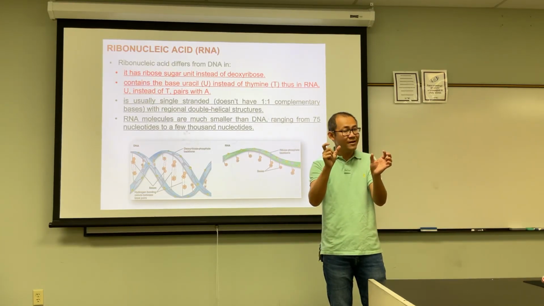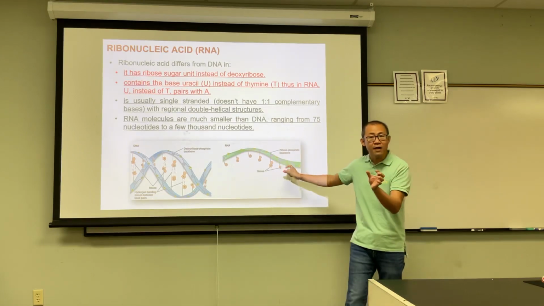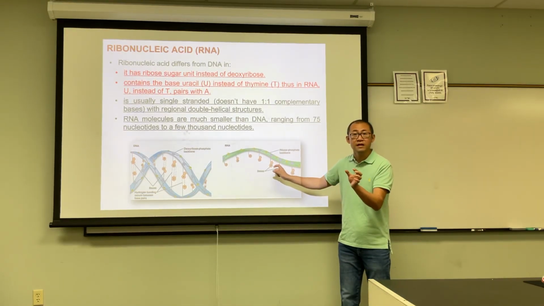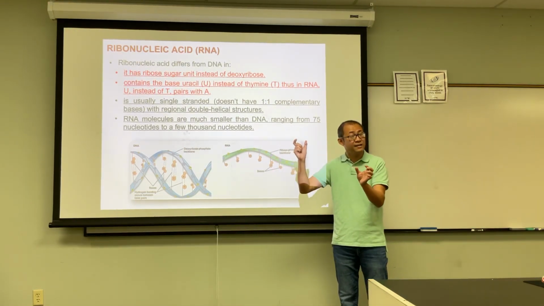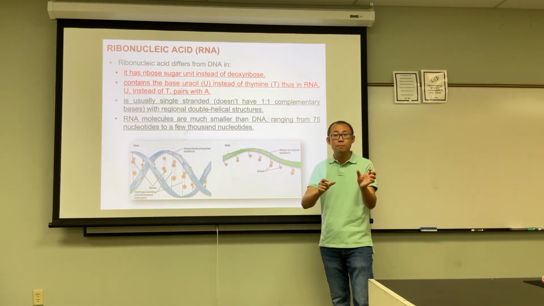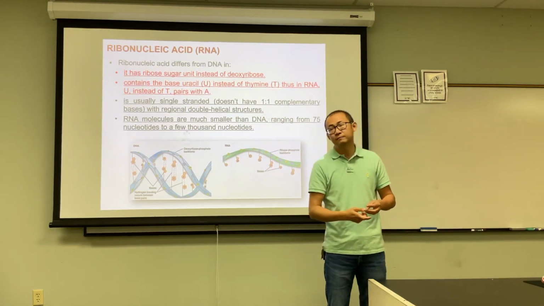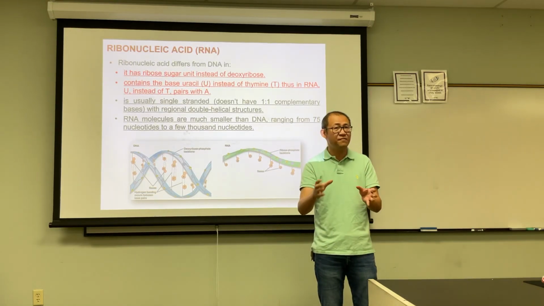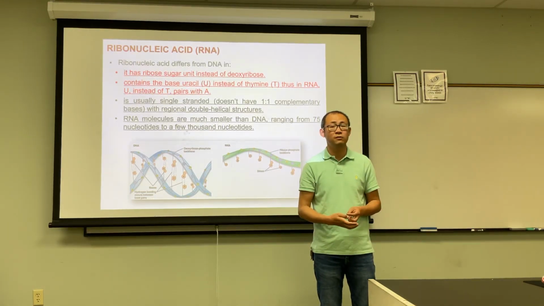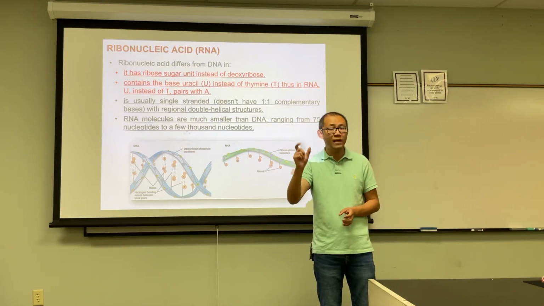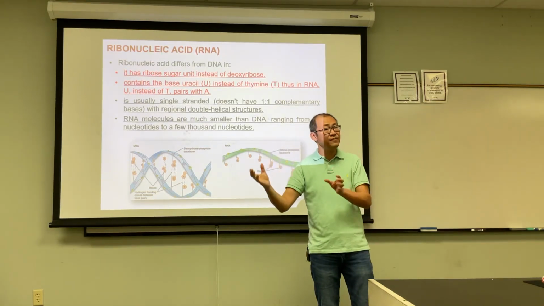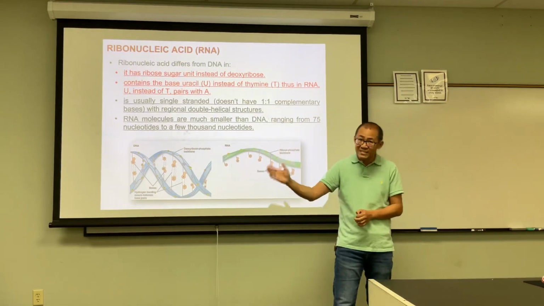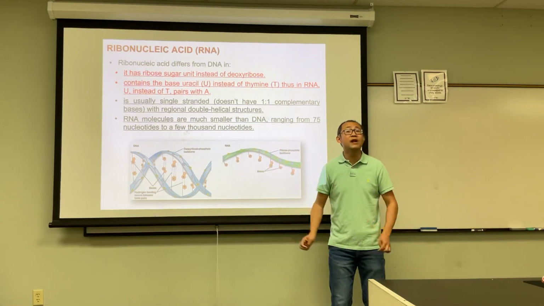With T. Now, in RNA, because there's no T, it is replaced with U, so we can anticipate U will also pair with what? A. Because U and T are structurally very similar. The methyl group is not involved in hydrogen bonding. So A can pair with U the same way it does with T.